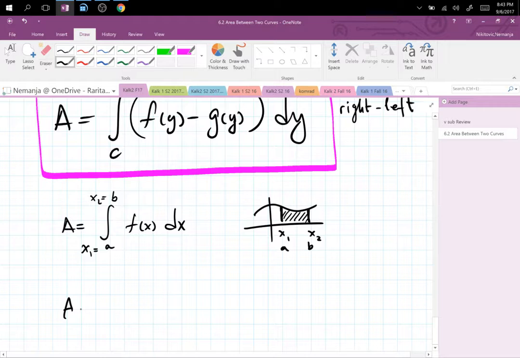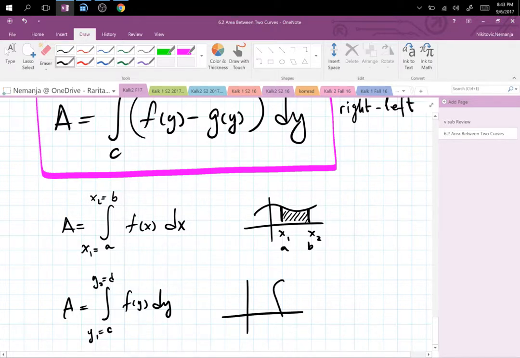When you have c and d, f of y dy, then these are your y1 and y2. And the graph looks like this. And this is the area, and your y1 is c, and y2 is d. So we're going to use a lot of this, actually.